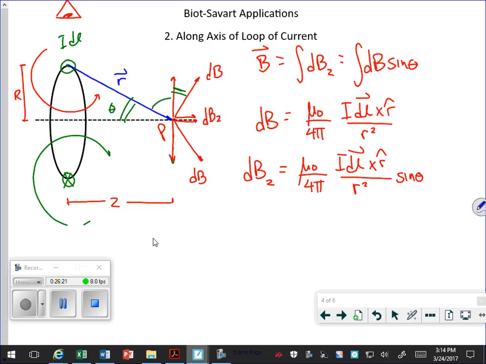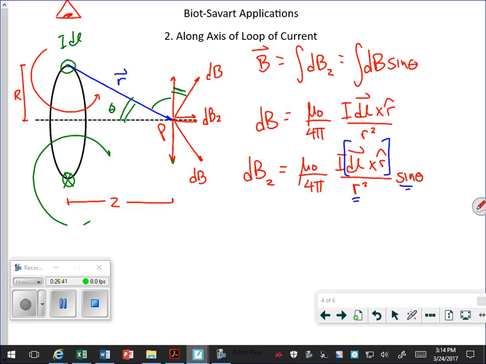Okay, so that means our dl cross r hat is just going to yield dl. Now, the R and the sine theta, both of those things are constant.